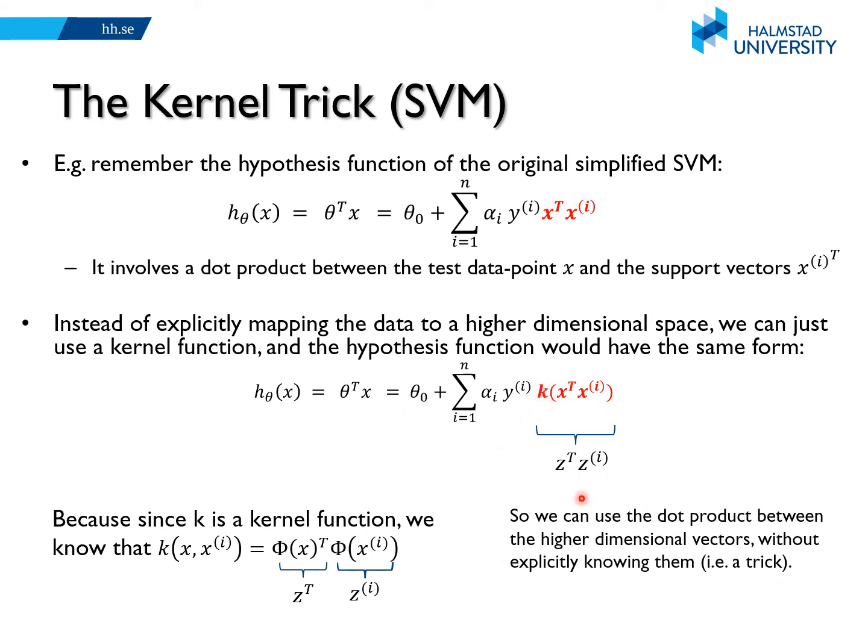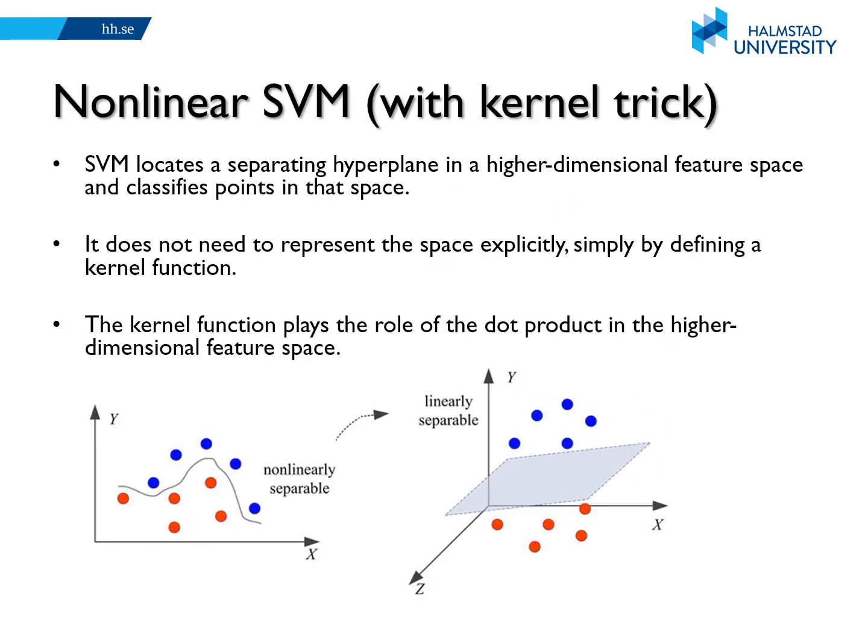And that's basically what we call the kernel trick. Just by using a kernel function based on the original data in the original space, it's as if we explicitly projected them to a higher dimensional space, but we don't do that. We just use a kernel function. So to summarize, we can train a nonlinear SVM just by using a kernel function to compute the dot product between data points.